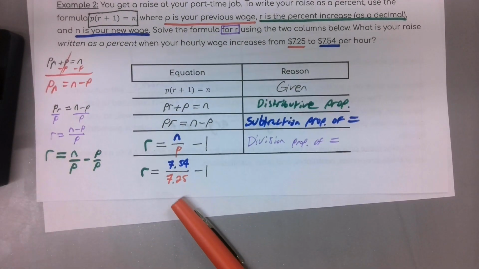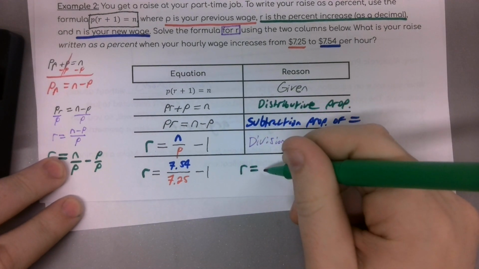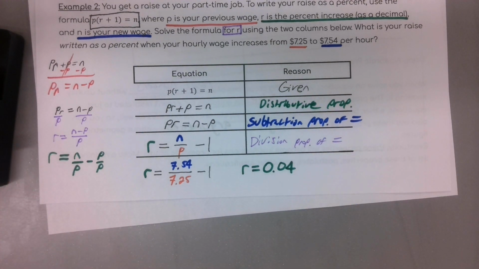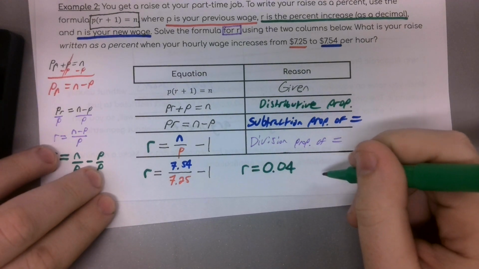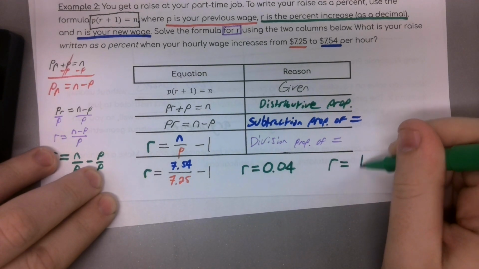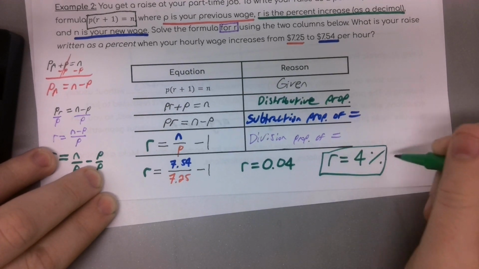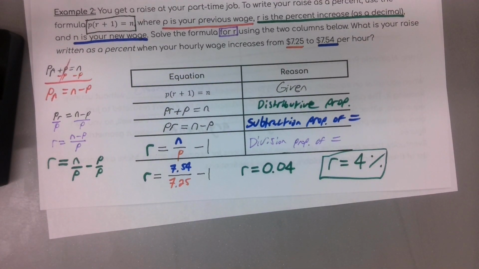So we just have to solve this for R. When you plug this in your calculator, you'll get a decimal. R equals 0.04. So how do we turn that into a percent? By multiplying by 100, we get 4%. That is your raise. Good luck beating inflation with that raise, but I'm happy for you.